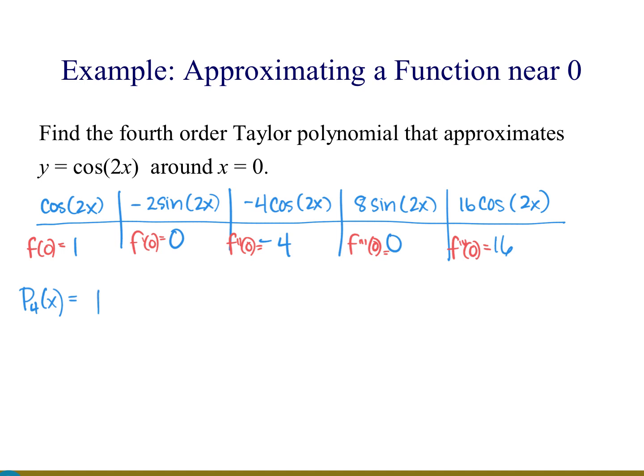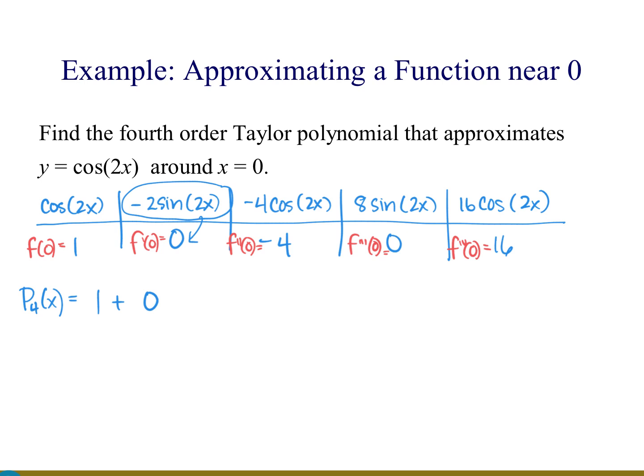All right, Alex, what's the next part going to be when I add to it? Negative sine 2x. Okay, you're close. Yes, I'm going to use this derivative, but I want to use the numerical value that comes from when I plug 0 in. 0. Okay, that's going to be 0.